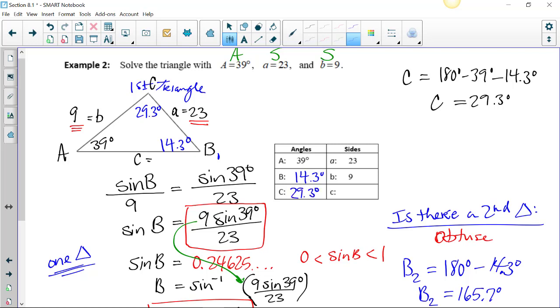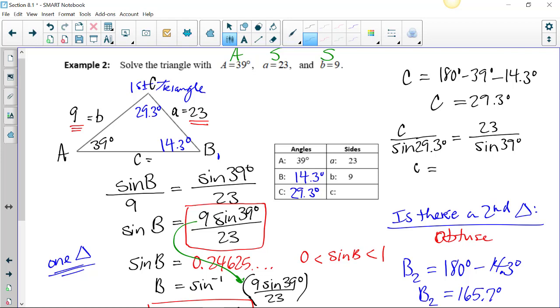And then to find the side opposite, we would set up a proportion. So c over the sine of 29.3 is equal to 23 over the sine of 39. I always just use those original values.